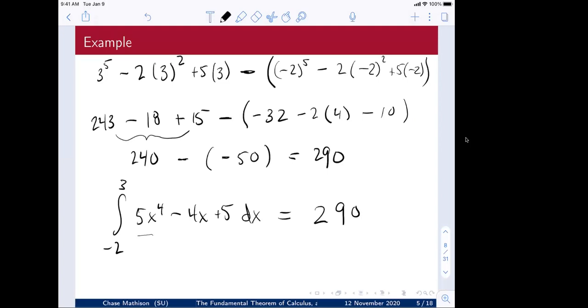So notice x to the 4th, that's something that doing with the Riemann sums would have been awful. So this is a much nicer way to handle these definite integrals. Okay, questions on this?